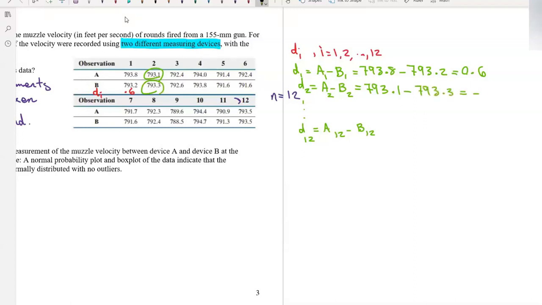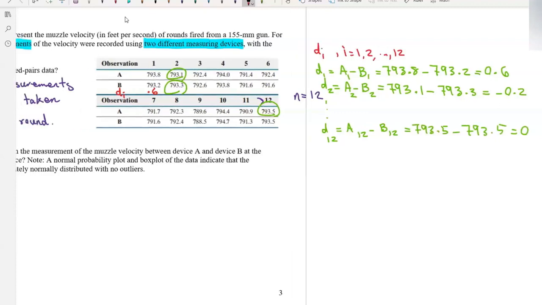So this is negative 0.2. And here we have 793.5 minus 793.5. So this is 0. So I'm writing all these here.